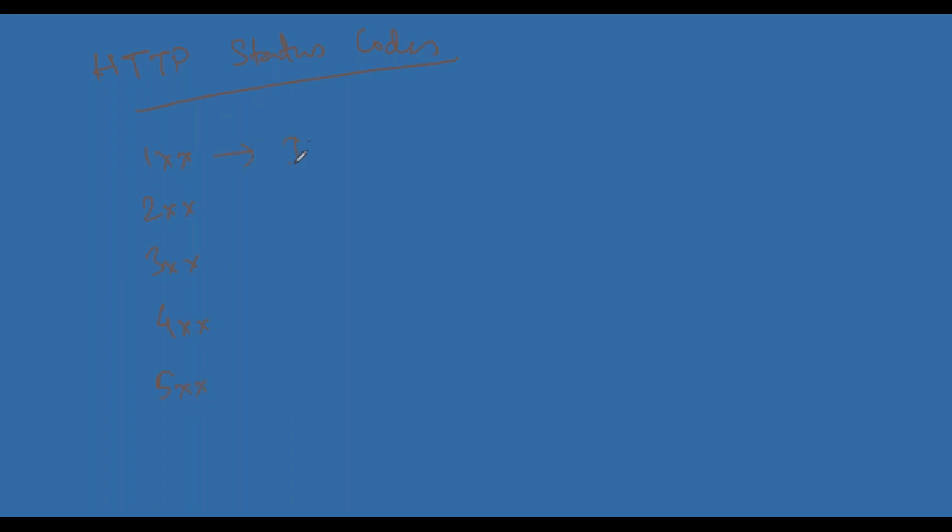The hundred series just means that it is informational. 200 indicates a success. 300 basically indicates a redirection. 400 is a client side error. 500 is a server side error.